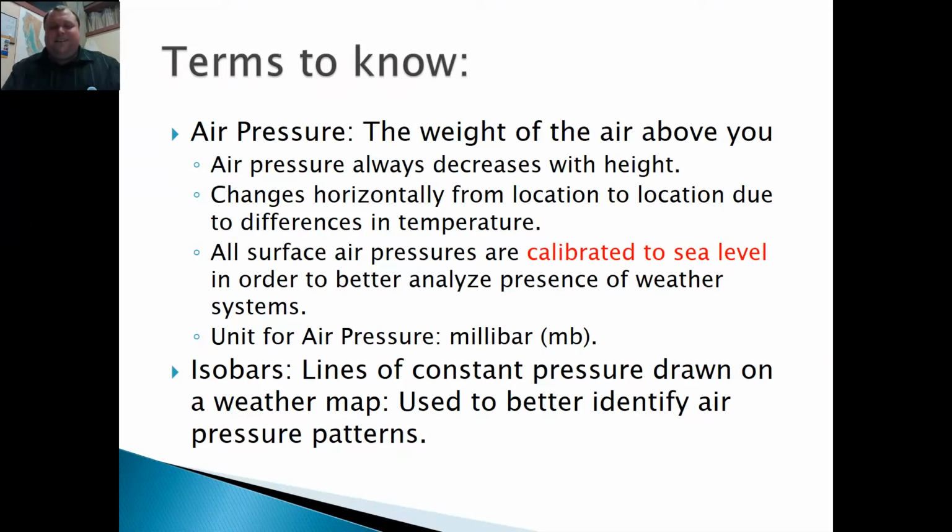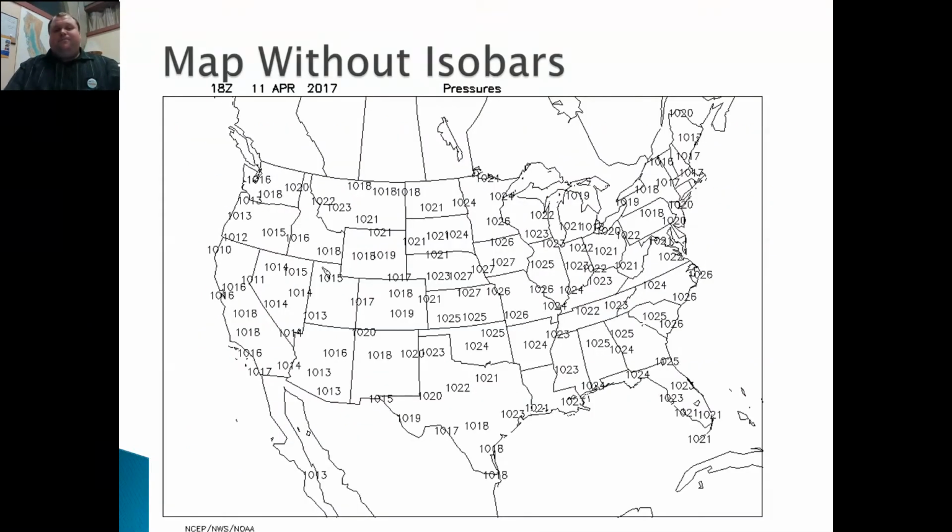And this weather map has air pressure values listed at different areas. But if I gave you some time to figure out where high pressure was located and where low pressure was located, it might take you a few minutes to figure out that, okay, the areas here inland look like they have slightly higher pressure. The areas over here near the coast look like they have somewhat lower pressure, and so on.